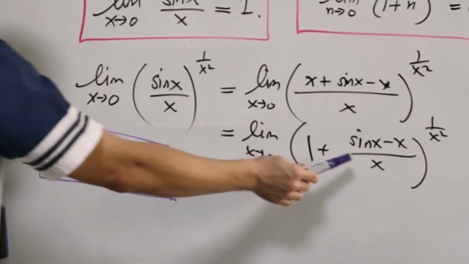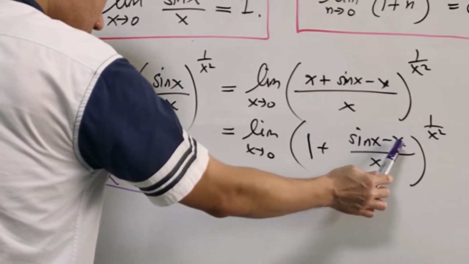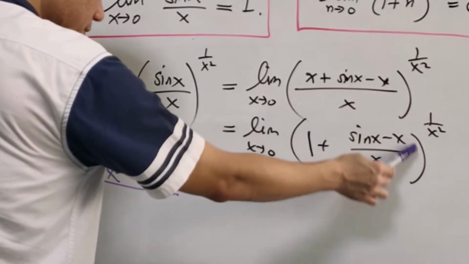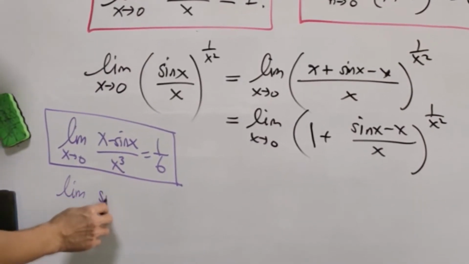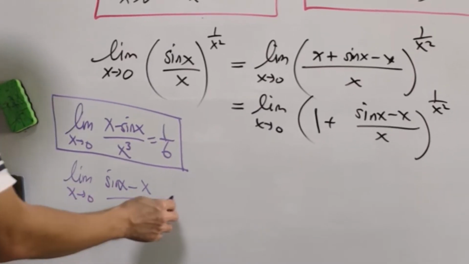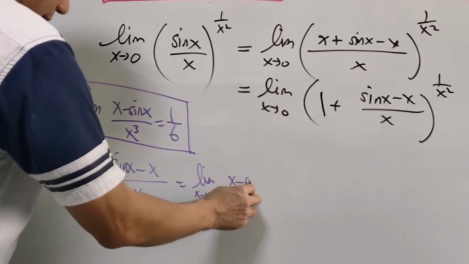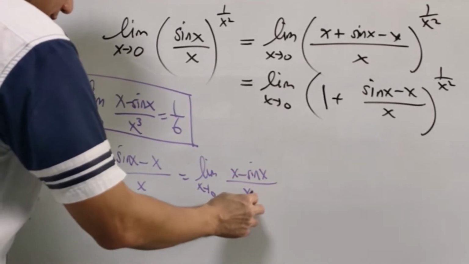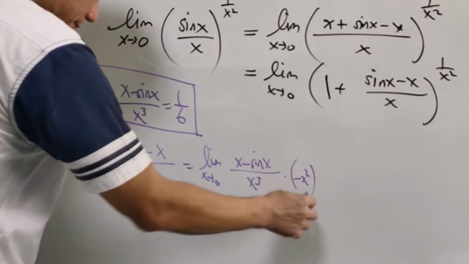And with this, we'll see that when x tends to 0, (sine x minus x) over x will tend to 0. This can be seen using a simple trick. That is, (sine x minus x) over x when x tends to 0 will equal the limit of (x minus sine x) over x cubed, which is what we know, times negative x squared.